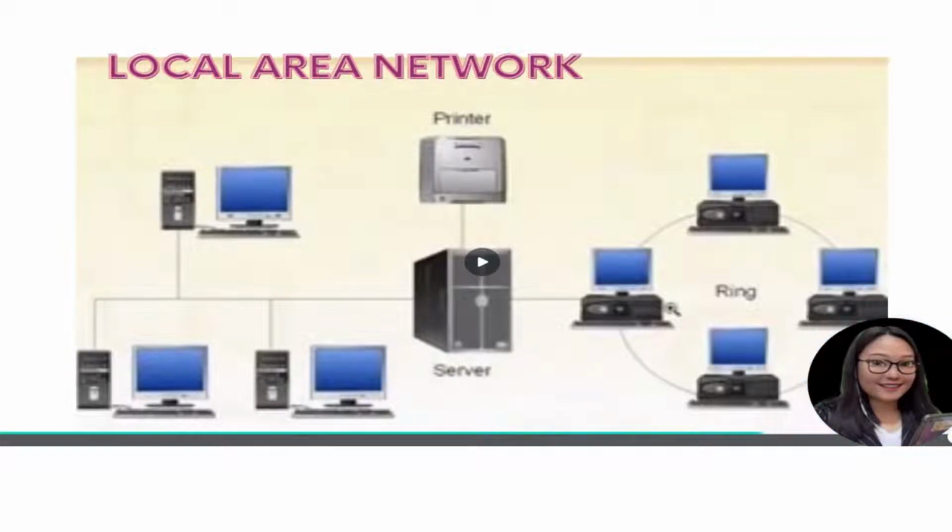So you have here the office, home or school, which is a closely positioned group of buildings. The best example of this is the Ethernet LAN connected to a switch. One of our networking devices is a switch. So we will discuss more on this in the next topic.